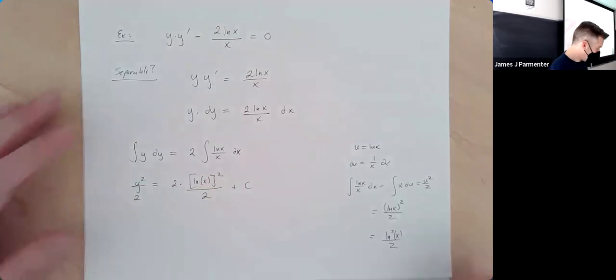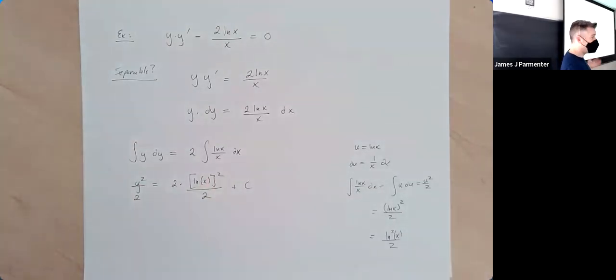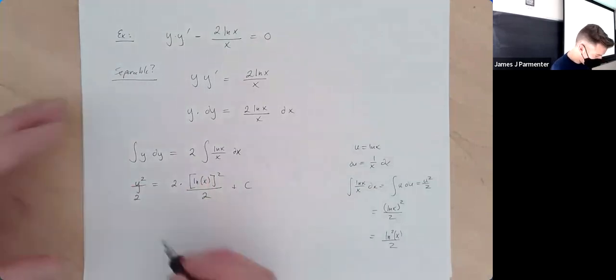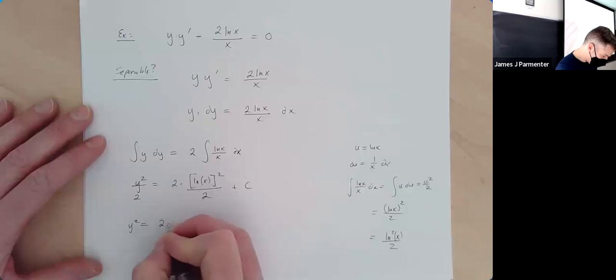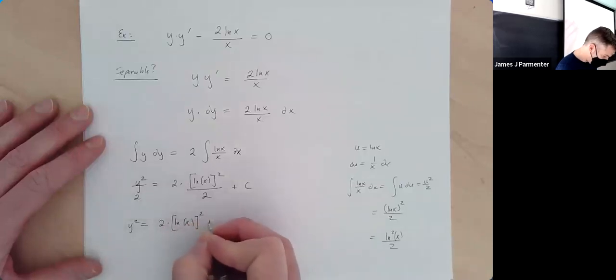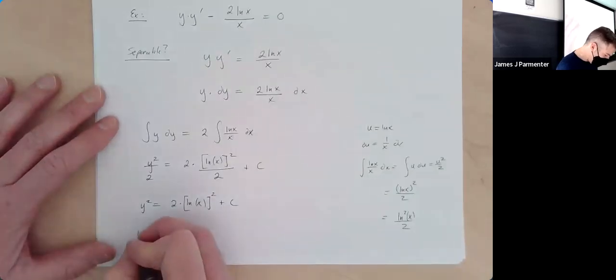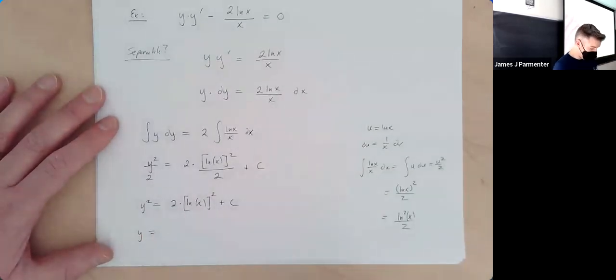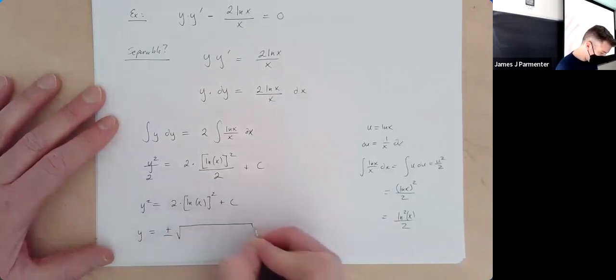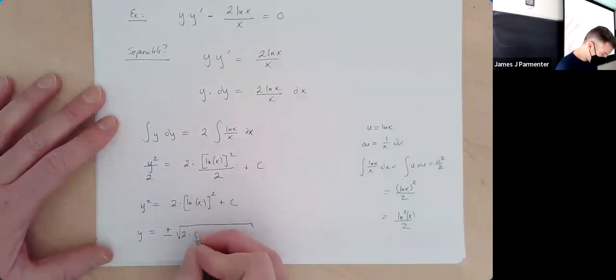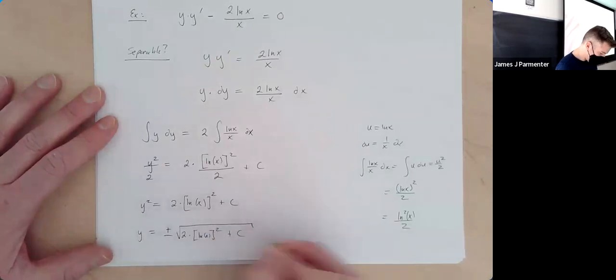And here, I would go ahead and solve for y because, right, we can. So I would say y squared equals 2 times the natural log of x quantity squared plus c. And then finally, without any initial conditions, we can only get to y equal to plus or minus the square root of 2 times the natural log of x quantity squared plus c.